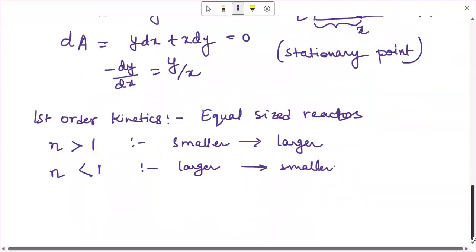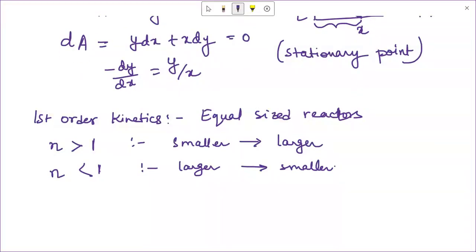But from a very practical point of view, it was seen in industries that mostly the equal size system is always preferred, because of economic considerations.